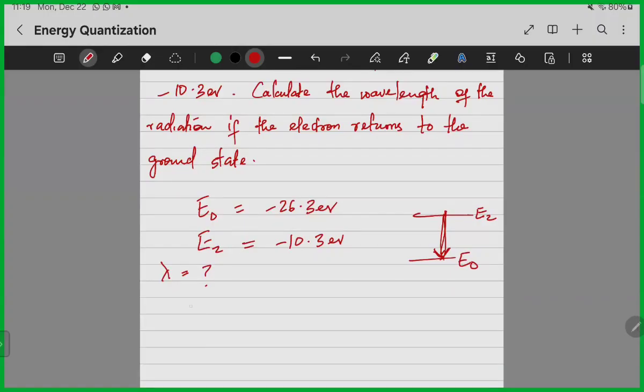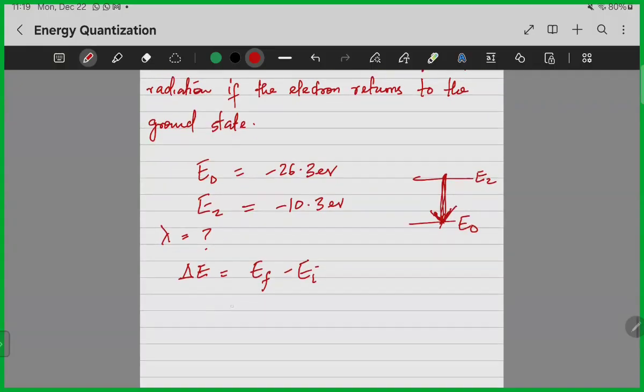Energy difference would be the final state minus the initial state. The E final here is E naught, so minus 26.3.